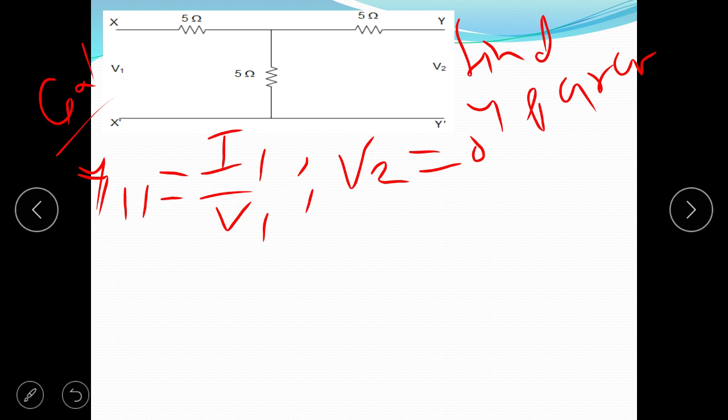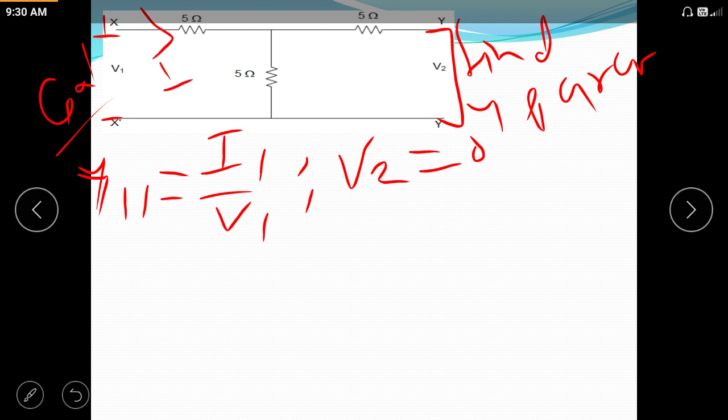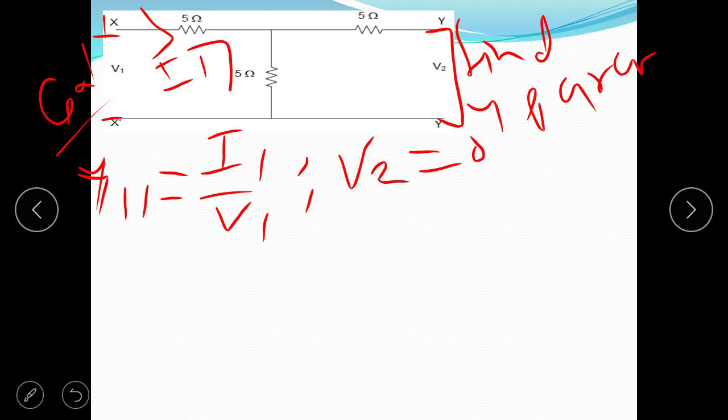V2 equal to 0 means the terminals of port 2 are short circuited. So at port 1 we consider voltage V1 and current I1. We apply KVL in this loop.